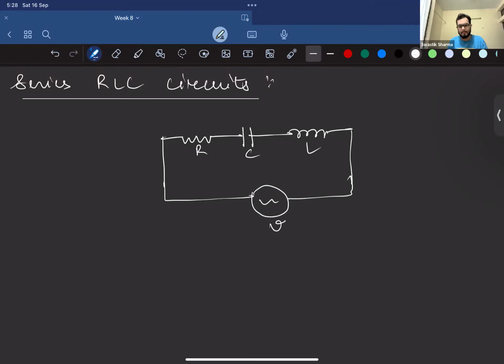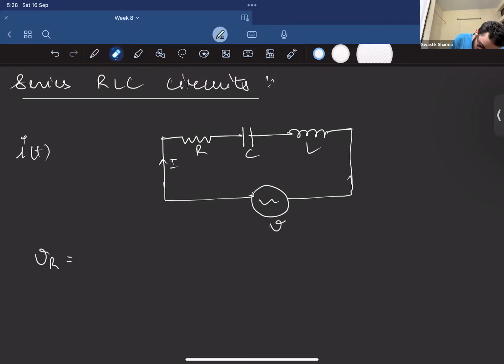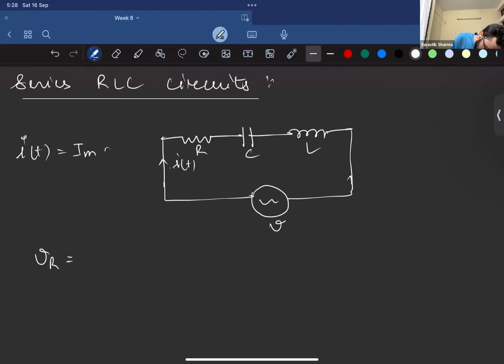Let's say some current is flowing, given by i(t) equals Im sine omega t. VR is nothing but i(t) into R, which is Im R sine omega t.